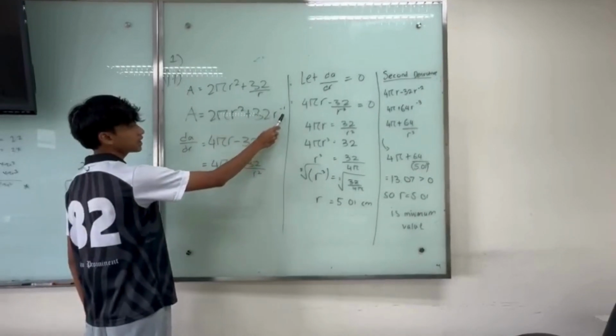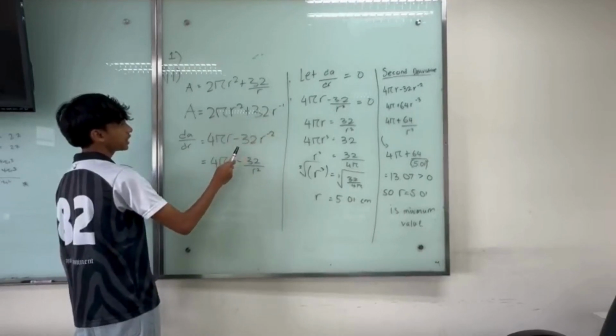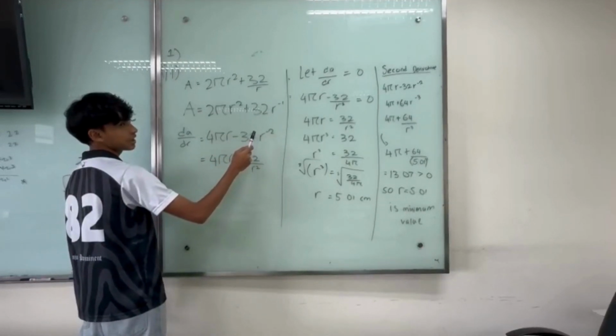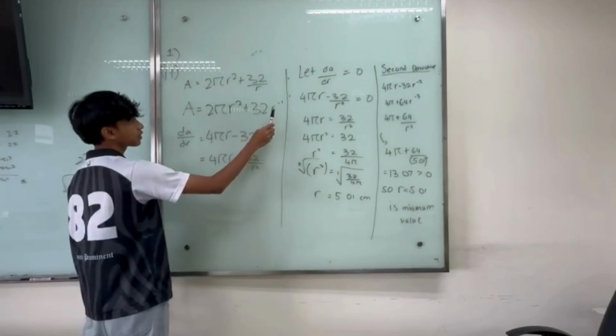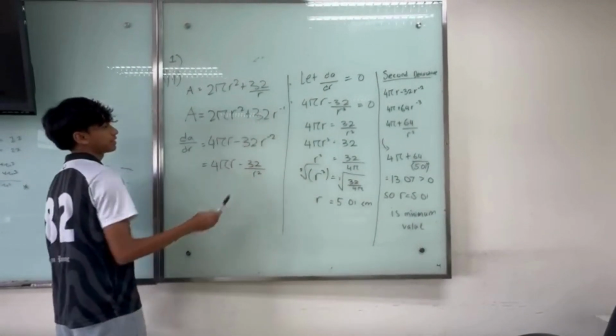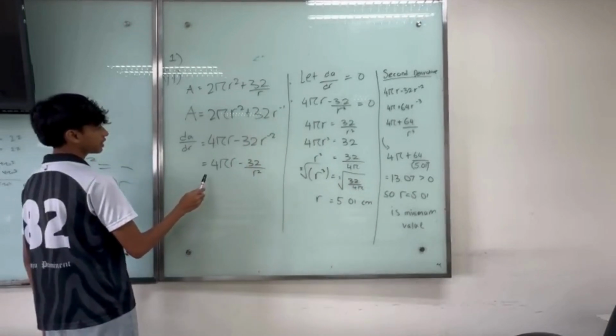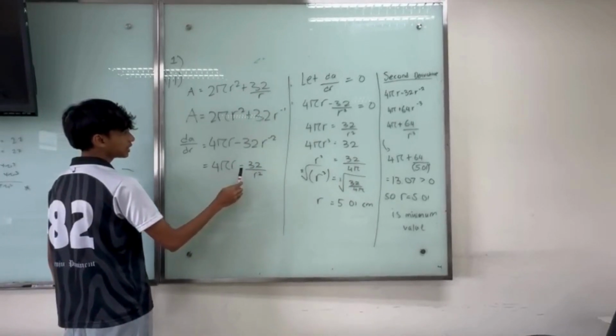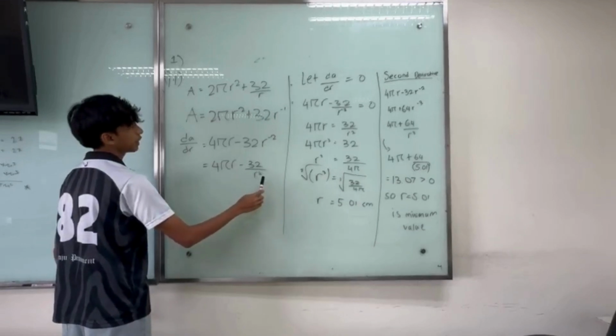And negative 1 times 32 gives negative 32r to the power of negative 2, because negative 1 minus 1. And then we get 4 pi r minus 32 over r squared.